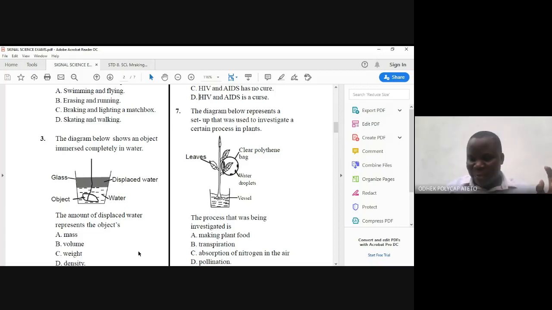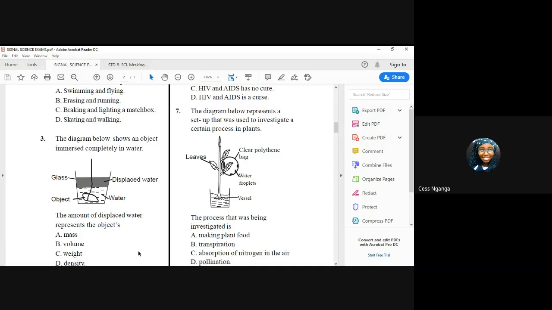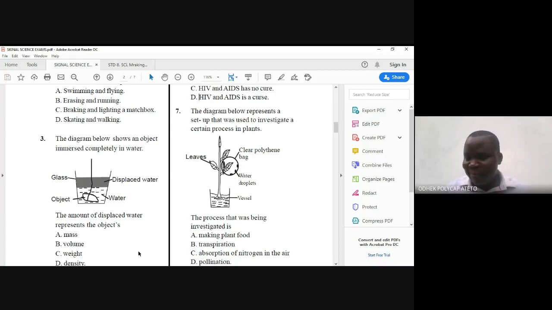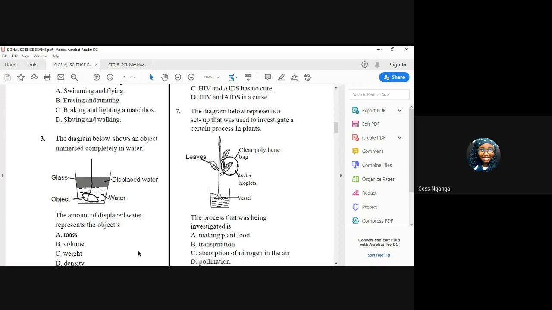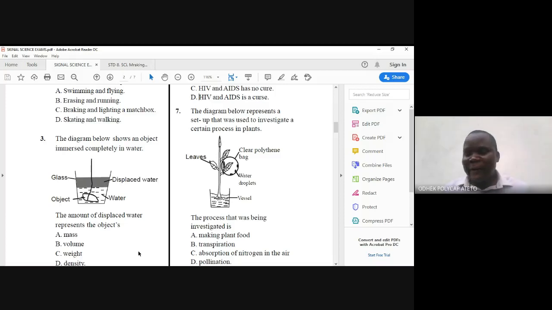Transpiration. When we have a black polythene bag, we are investigating what? I've forgotten. Photosynthesis, making of plant food. Is that correct? Yes. So that's how we answer questions like that.